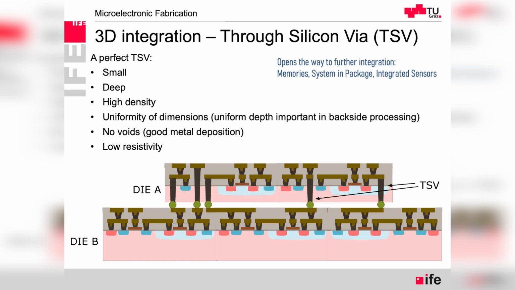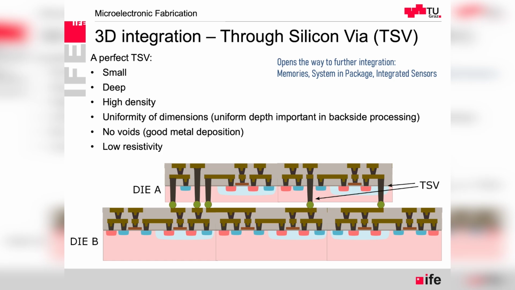So a perfect TSV should be small. It should be able to go deep so that we don't need to thin the substrate, because that's always tricky. The substrate is difficult to handle. The more we thin the silicon, it starts to bend, and it's really difficult. But also, the deeper it goes, the smaller we can make it.